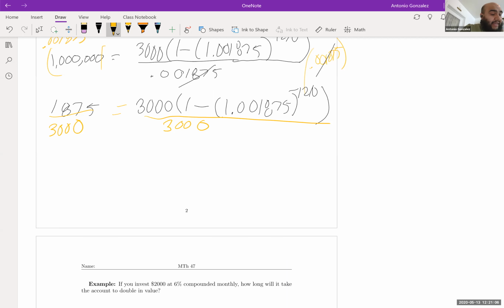And we get 1875 divided by 3,000, and we get 0.625. And then here that reduces to 1. And then I can drop that outer parentheses and simply have 1 minus 0.